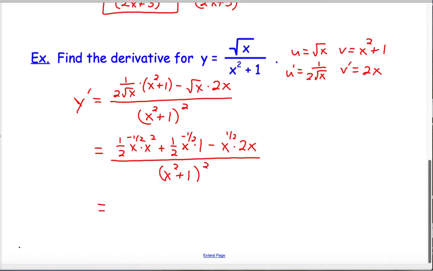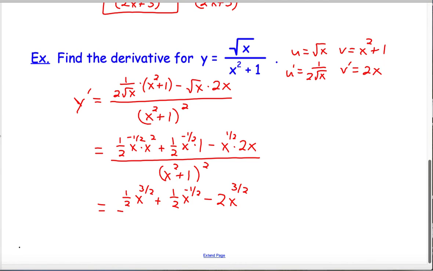So if I simplify this, what am I going to get? I'm going to get 1/2, and then x to the negative 1/2 times x to the second gives me x to the 3/2 power, plus 1/2 x to the negative 1/2 power, and then minus 2 x to the 1/2 times x to the first gives me x to the 3/2.